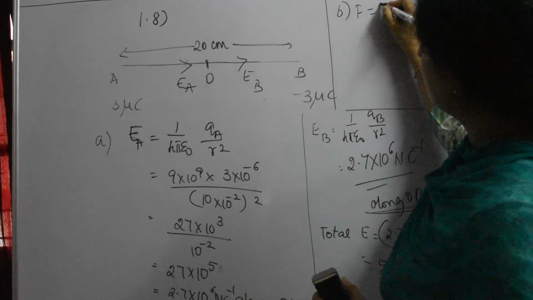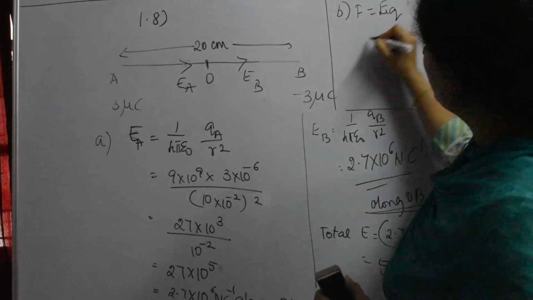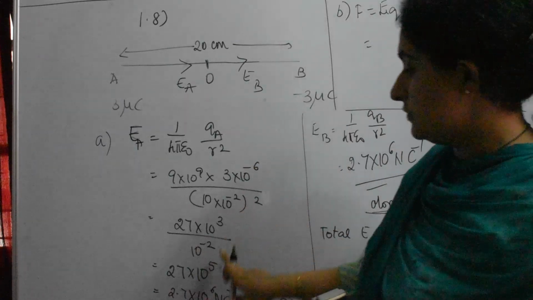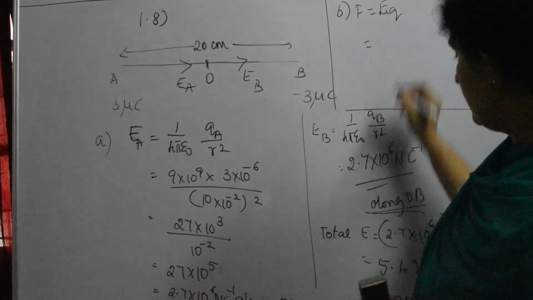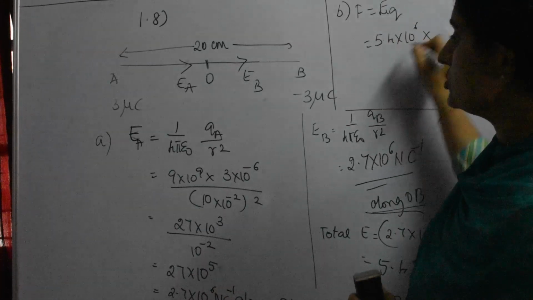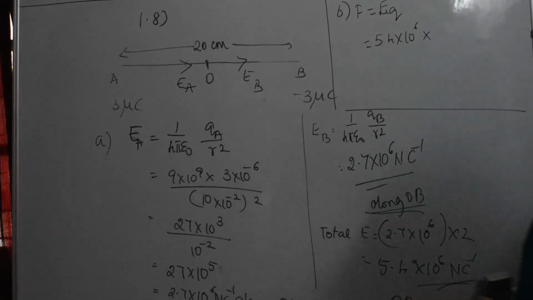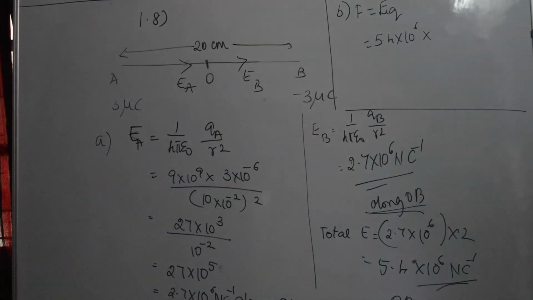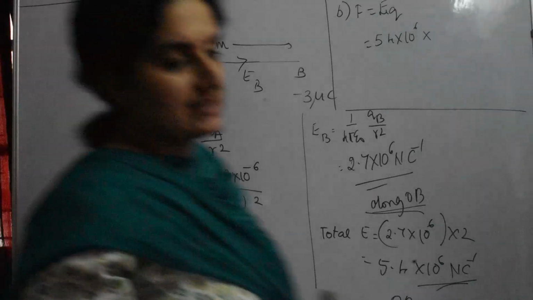So F is equal to E into Q, or E is equal to F by Q. That is why you have Newton per Coulomb here. E is 5.4 into 10 to the power 6 into, what is the charge they have given? 1.5 into 10 to the power minus 9.